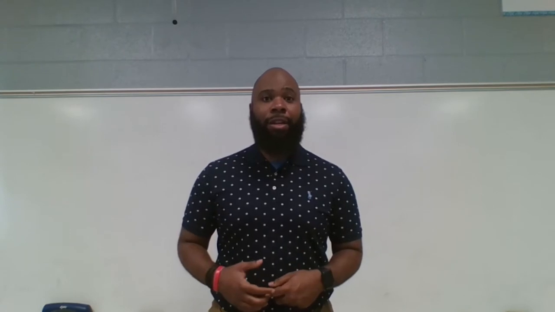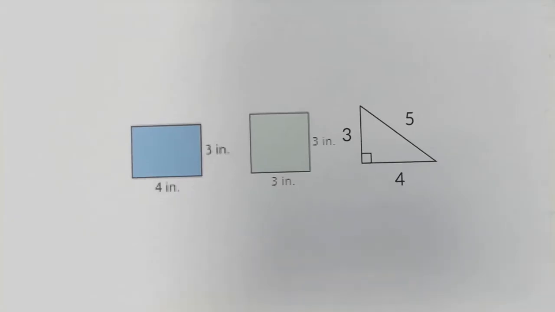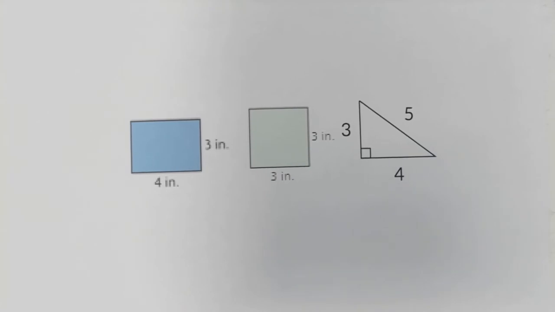To get us started, let's look at these three figures. Okay, so based off of the three figures, what geometric shapes are we given? Yes, we're given a rectangle, a square, and a triangle. So find the area of each shape.